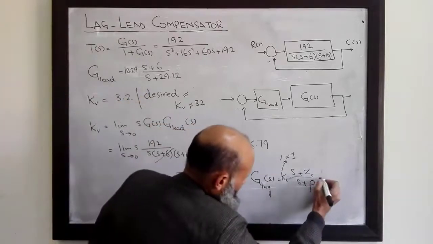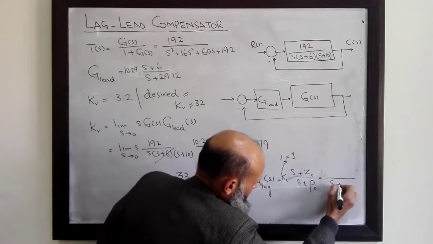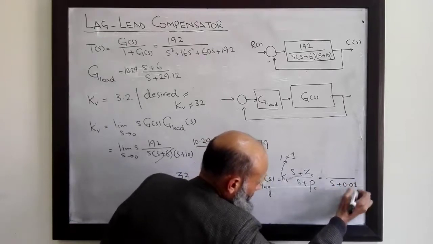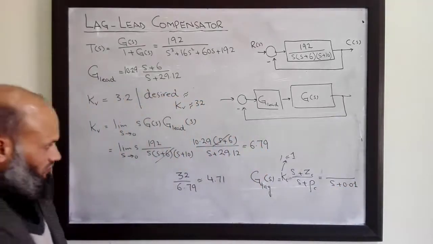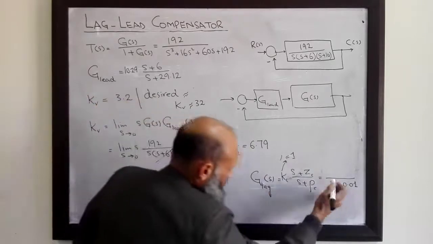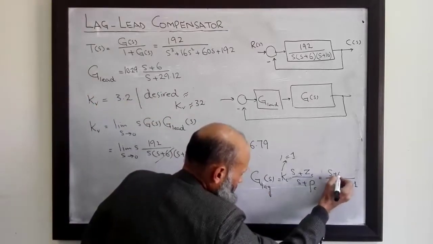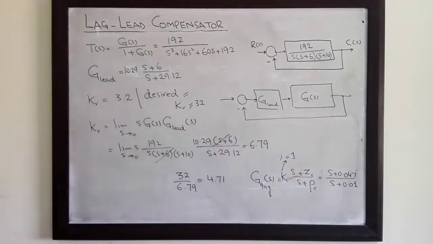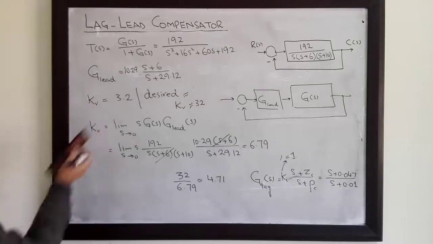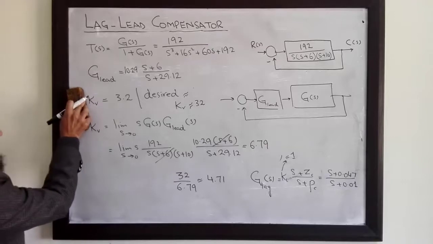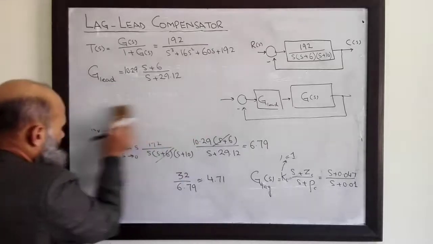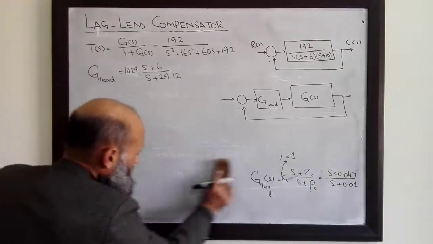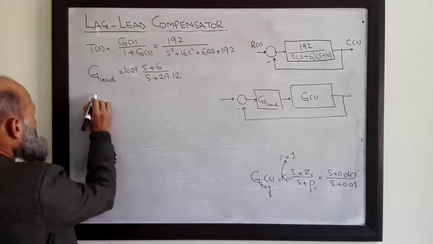So let's place the pole at s equal to 0.01. Then the location of the zero is this much times 0.01, which is 0.047. So we have also designed the lag compensator, and that will achieve the required steady state characteristics.